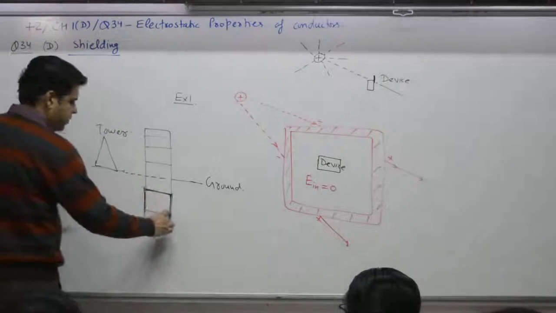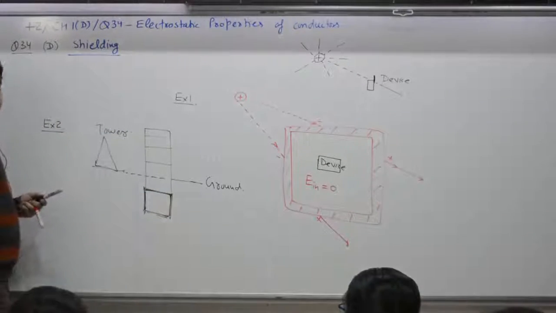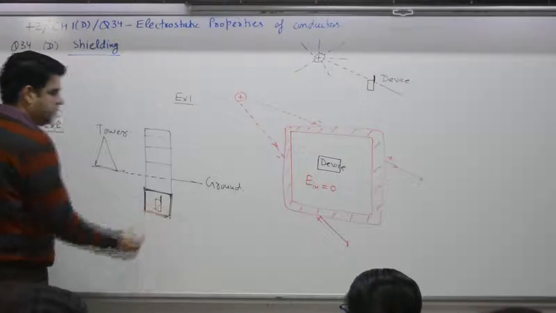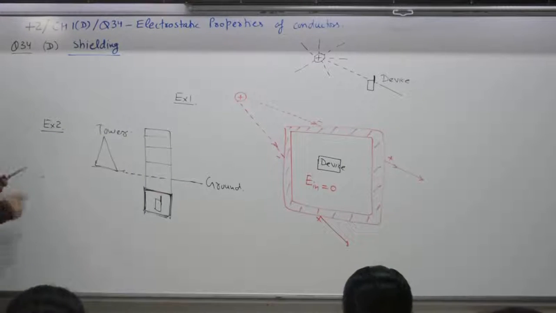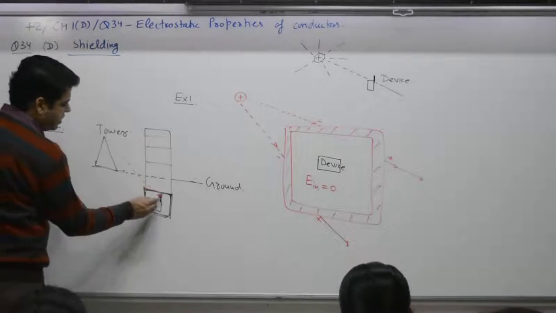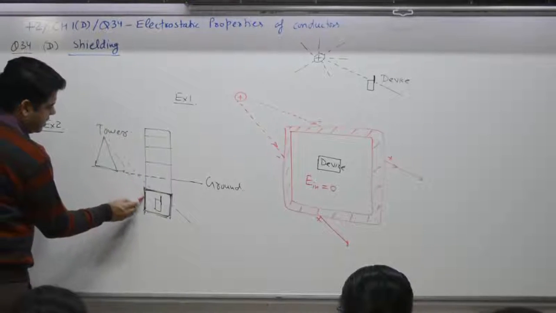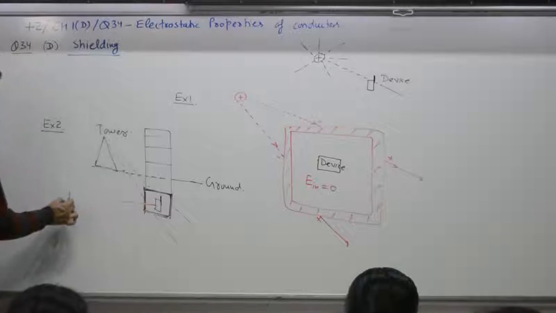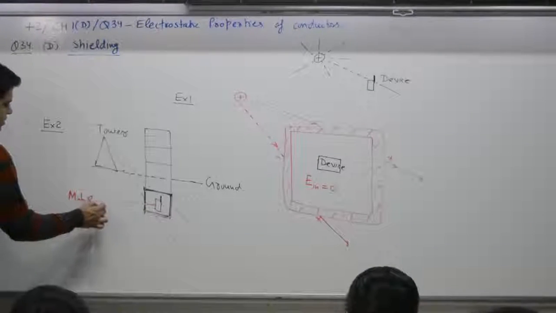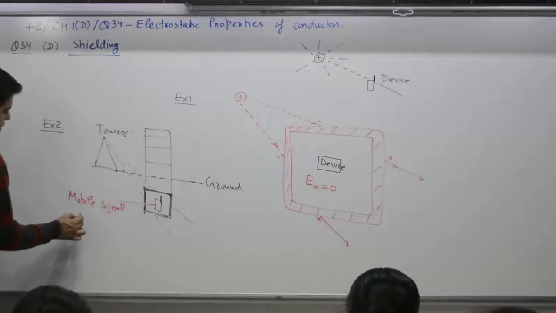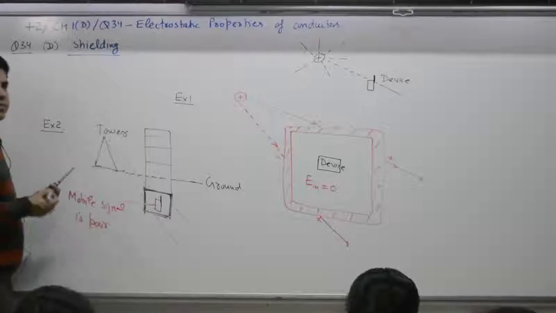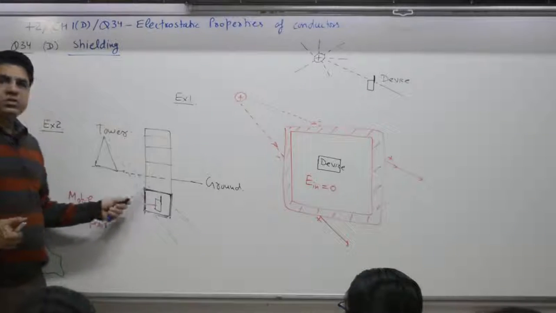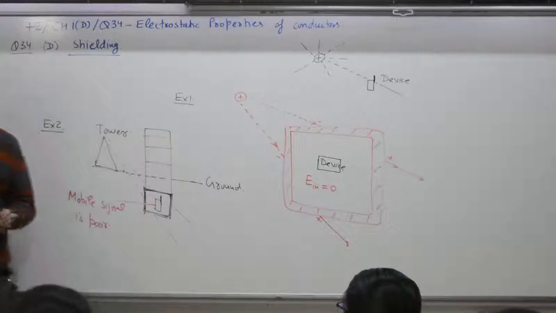This lift, this enclosure provides what? Shielding. So if you are having a mobile phone inside the lift, then radiation from tower are bypassed and mobile signal is poor. Why? Because electromagnetic radiations from tower are bypassed because of this enclosure. 3 minutes with you to write.